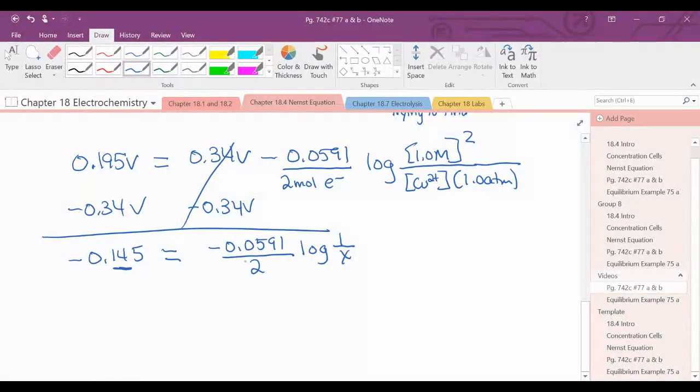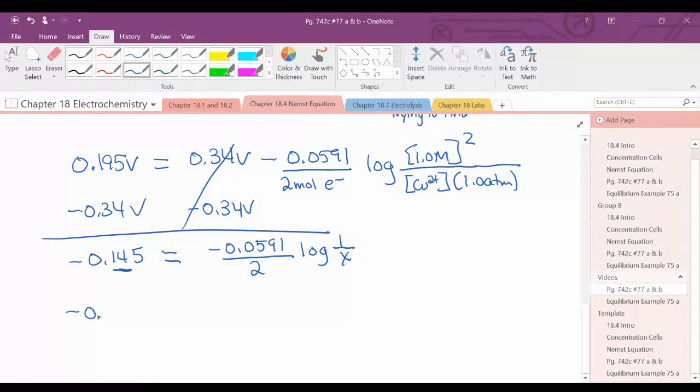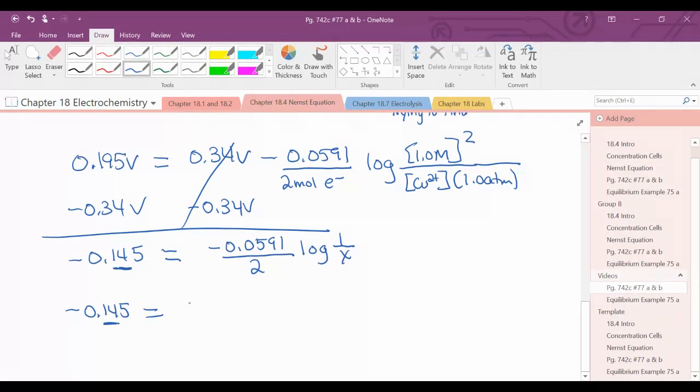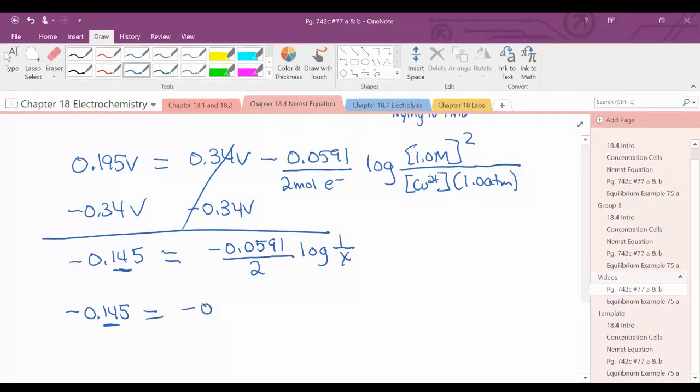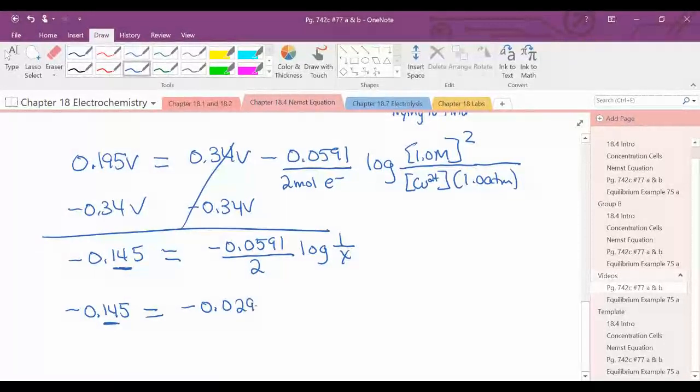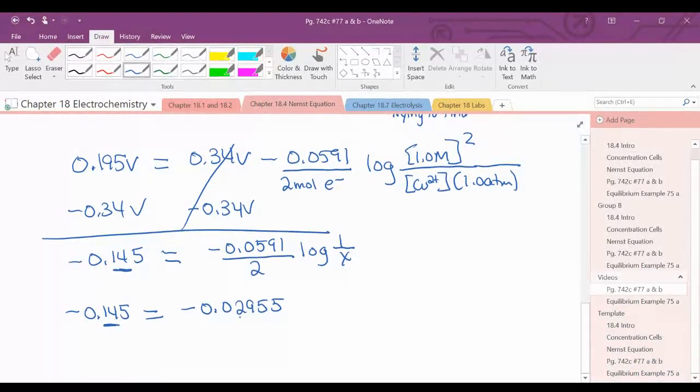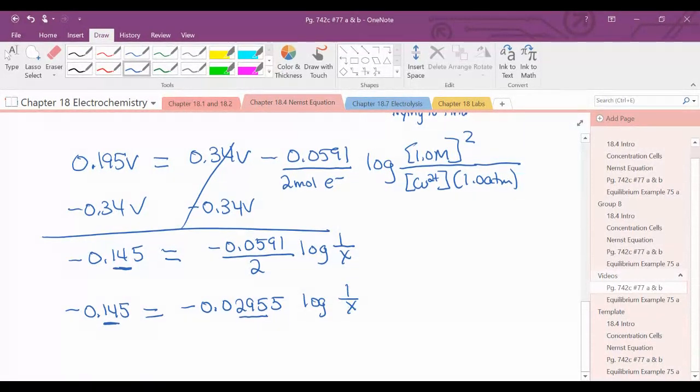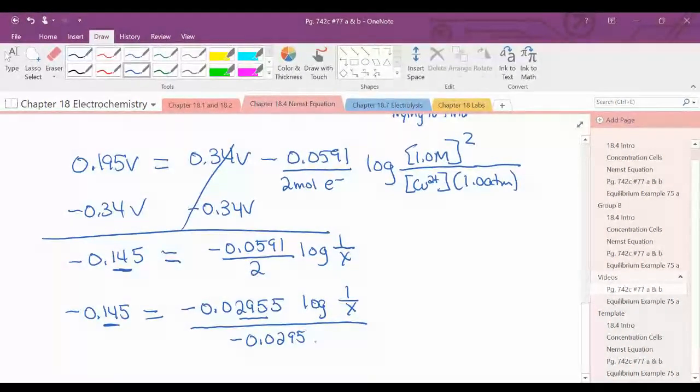Then I'm going to divide by 2 over here, still knowing I need 2 sig figs there. And I have 3. And then I'm going to divide both sides by 0.0295, the negative 0.02955.